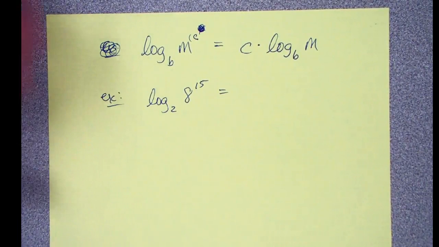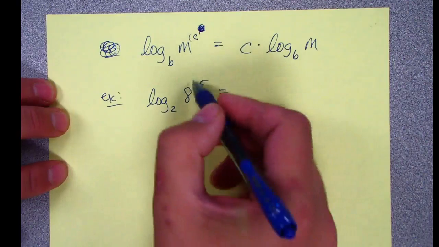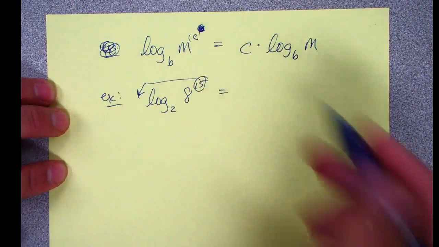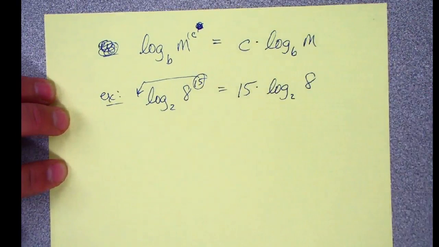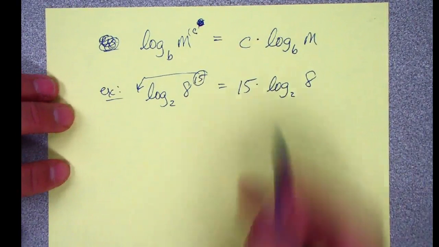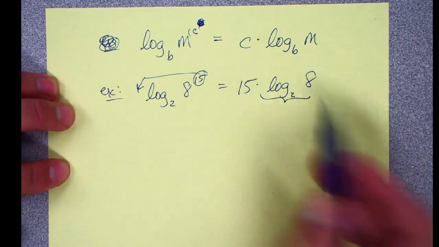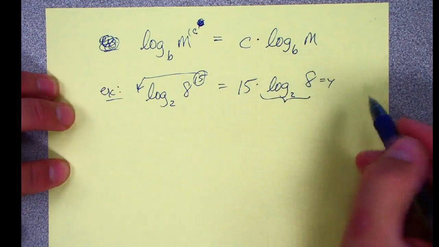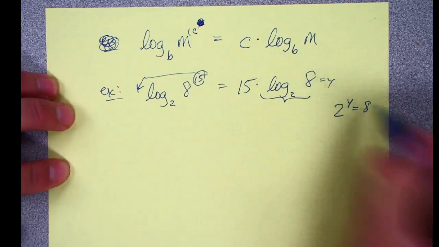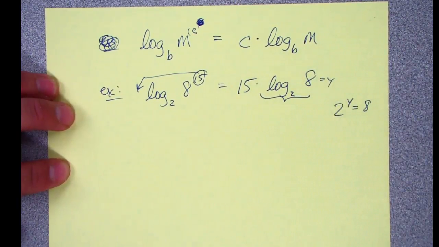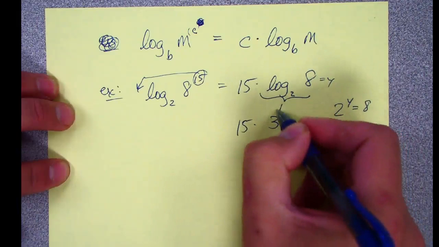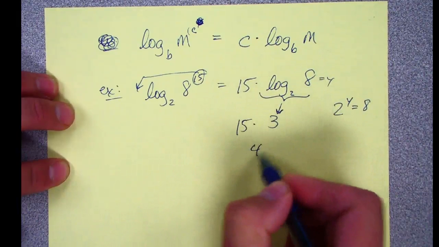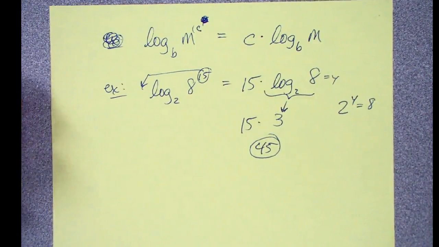So I don't want to do 8 to the 15th power. I'm going to take that 15, drop it in front, and then work out this part. 2 to what power gives me 8, 2 to the y equals 8, is 3. So that part gives me 3, and then 15 times that 3 gives me 45.